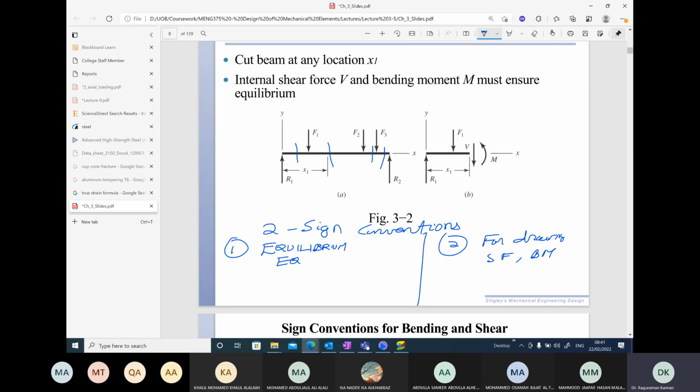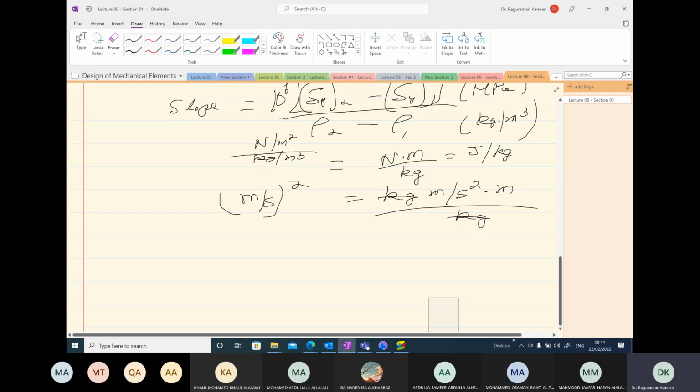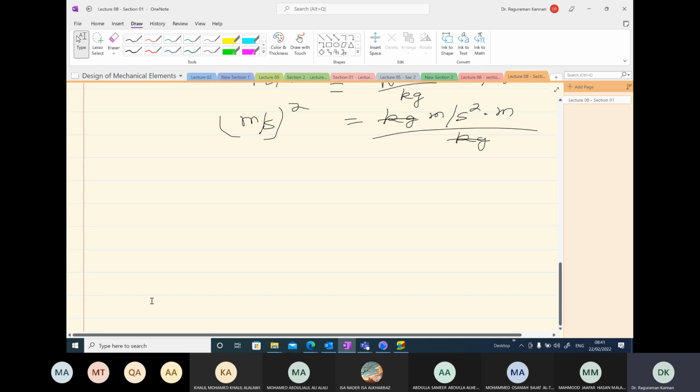For writing equilibrium equations, we already know the sign convention. So let's go to the notepad here. What is the sign convention we follow for writing equilibrium equations?